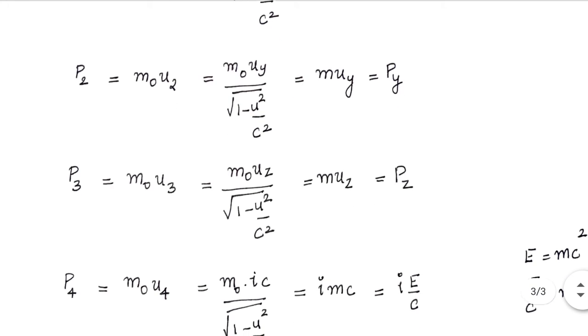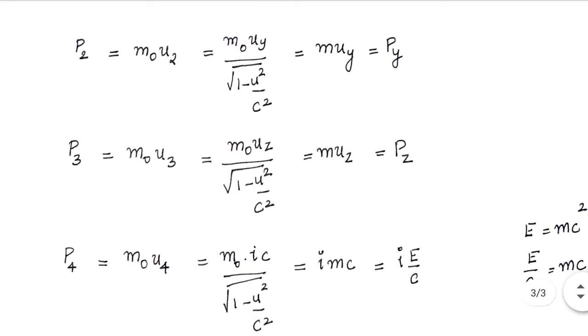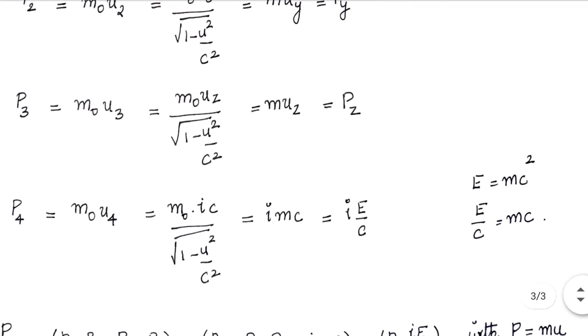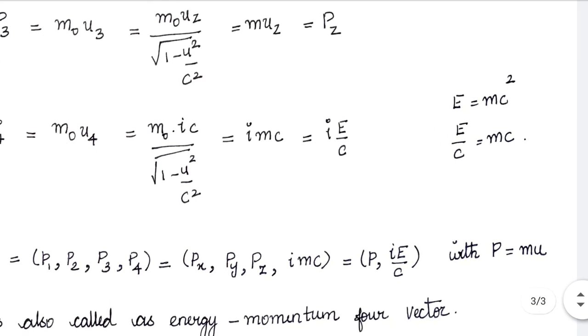And now let's move to the p4. It is m naught u4. We know the value for u4 as ic divided by root of 1 minus u square by c square, and m naught divided by root of 1 minus u square by c square is written as m. So we got imc, or we can write it as iE by c. So this E by c is obtained from Einstein's mass energy relation, E equal to mc square, or E by c is equal to mc.